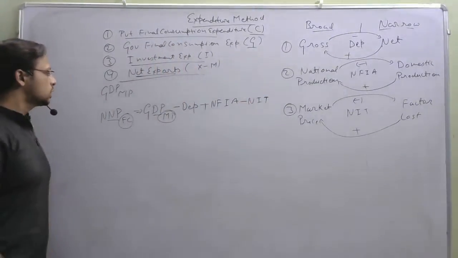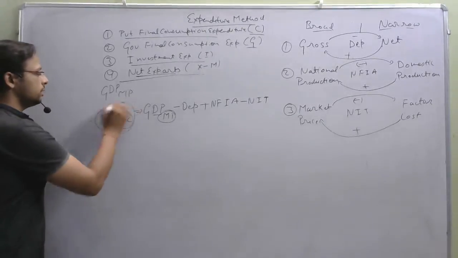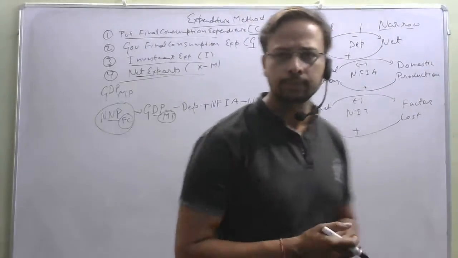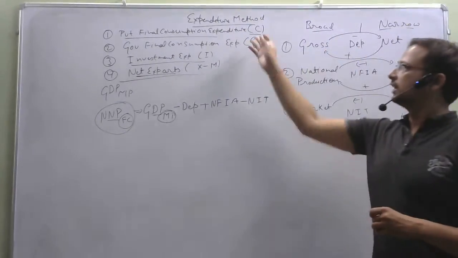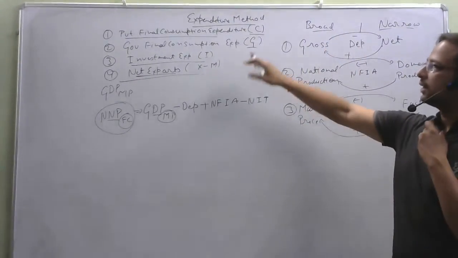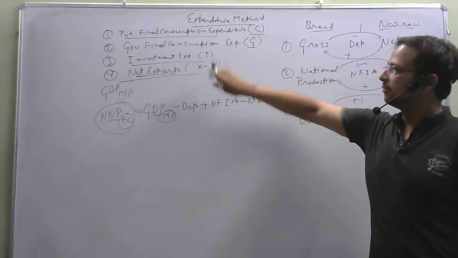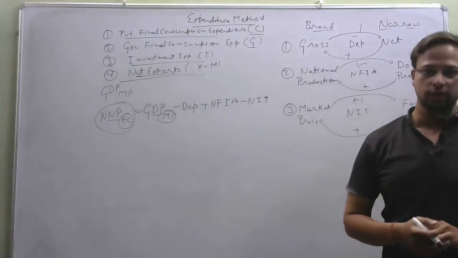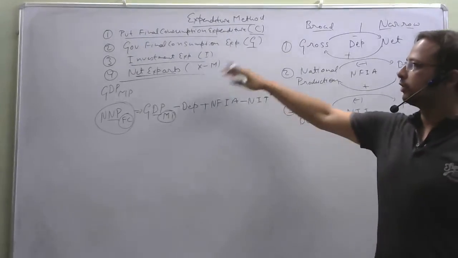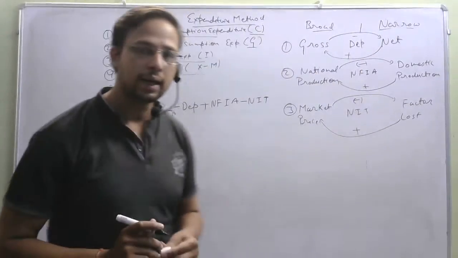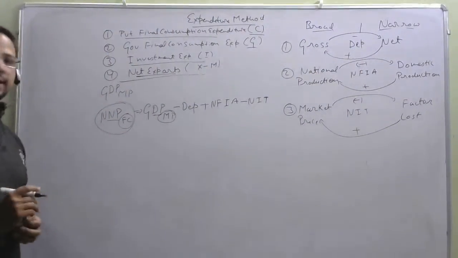Okay, so I hope you have understood how we calculate national income from the expenditure method. There are four heads: private final consumption expenditure, government final consumption expenditure, investment expenditure, and net exports. When you add those, you will get GDP at MP, and then you will have to convert that GDP at MP to NNP at FC.